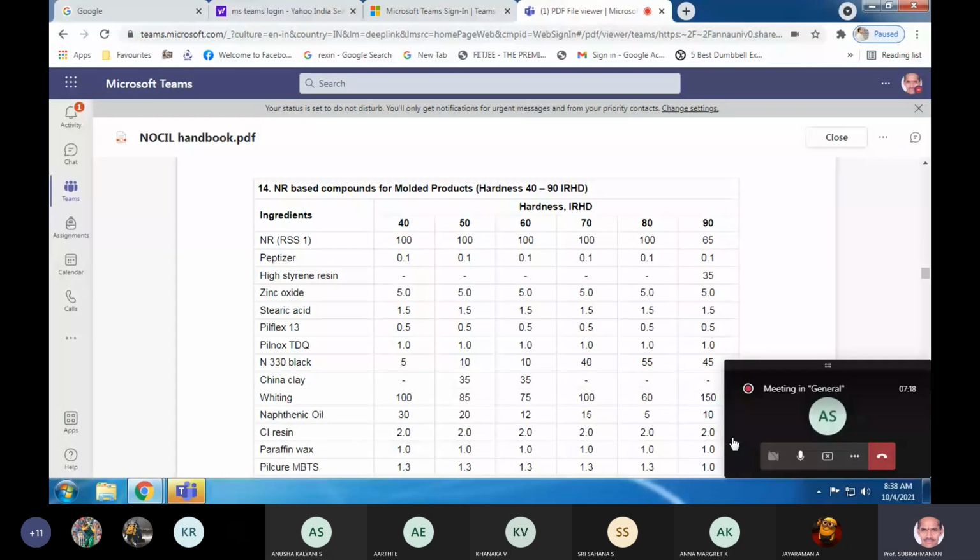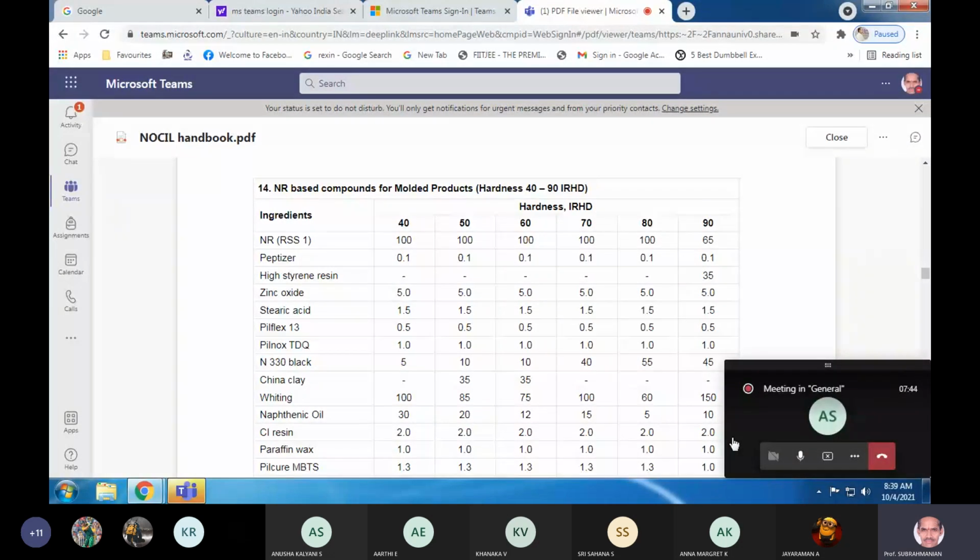So high styrene resin, we know from SBR solution polymer, you must have studied. High styrene resin adds to the hardness of a certain rubber formulation. And that being a thermoplastic, it helps in the processing.